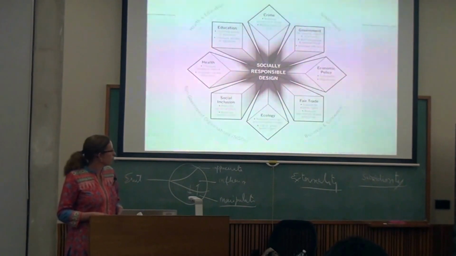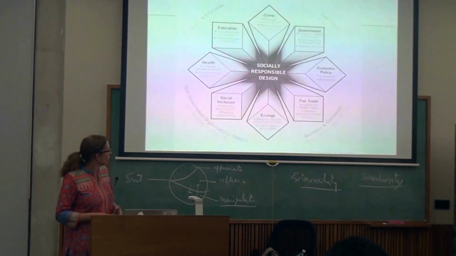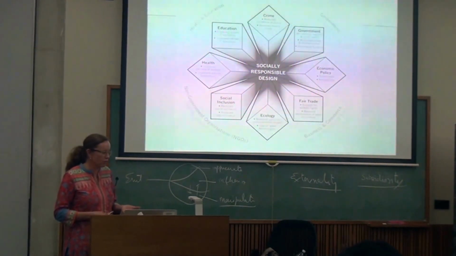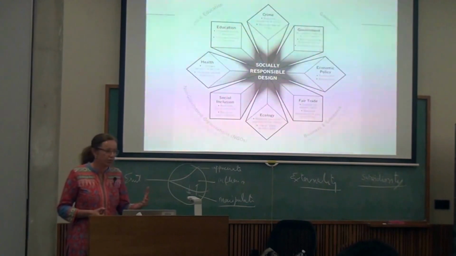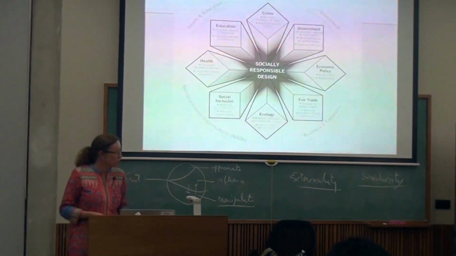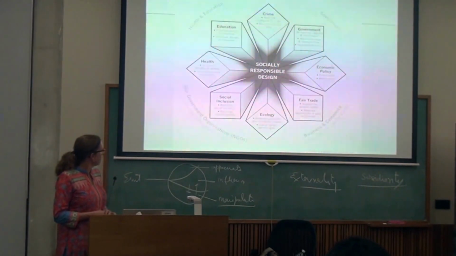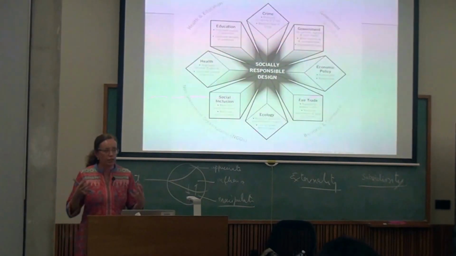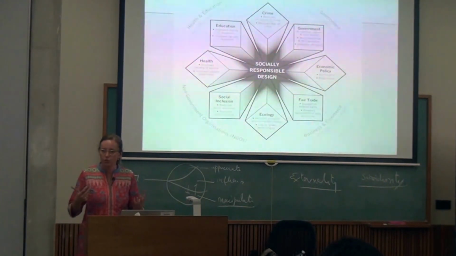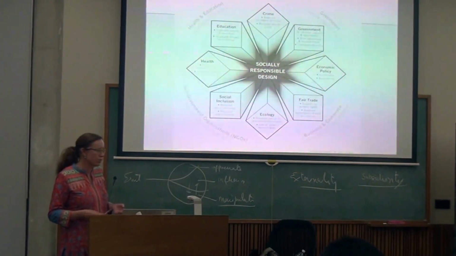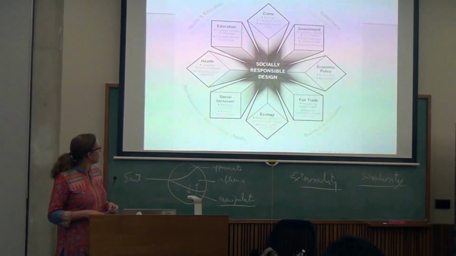That socially responsible design should work with ecology, so reducing pollution, and the development of green technologies like improving the efficiency of solar power, etc. That socially responsible design works on social inclusion, not exclusion, so this idea of equity and reducing discrimination.